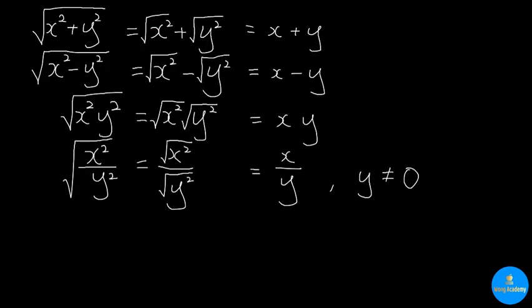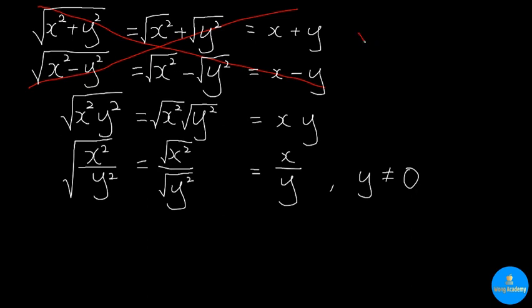How about equations involving square roots? It turns out that if x and y are representing general real numbers, then all four equations are wrong. The first two equations are wrong for a similar reasoning as before. We just cannot split up the square root sign over addition or subtraction.